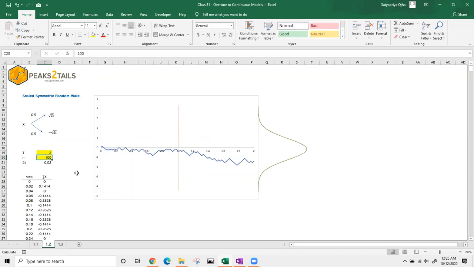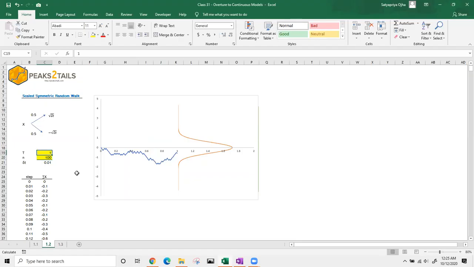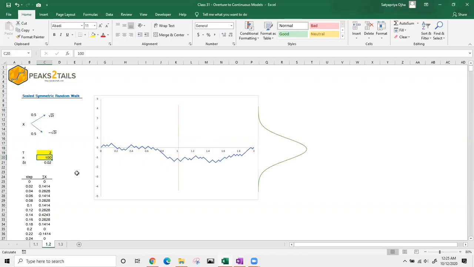And then if I increase t, the one thing I wanted to show you is that the variance scales with time. So if I increase t, the variance is higher. You see higher dispersion. Here you see a concentrated distribution, right? Here you see a higher variance or higher dispersion. But mean is 0.